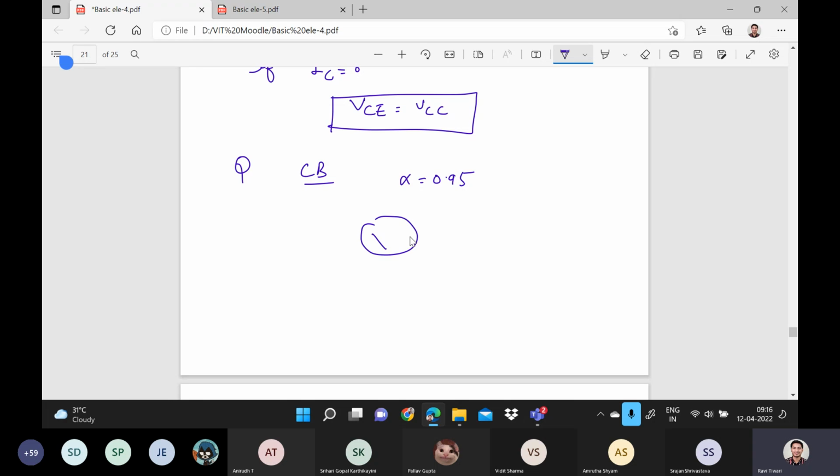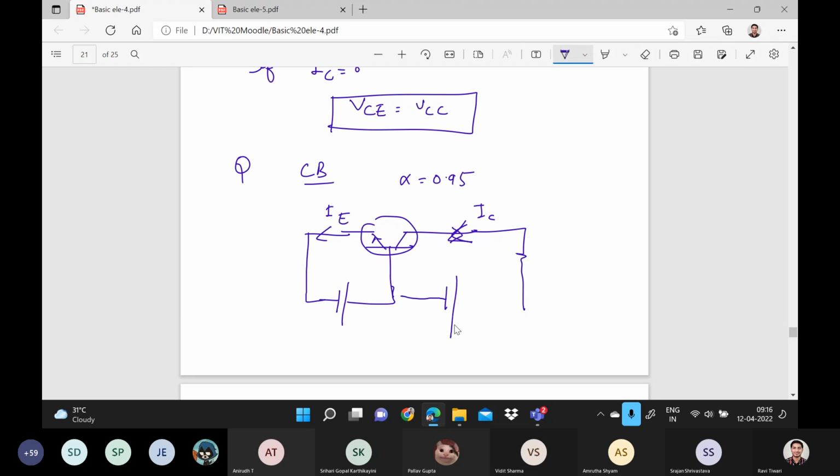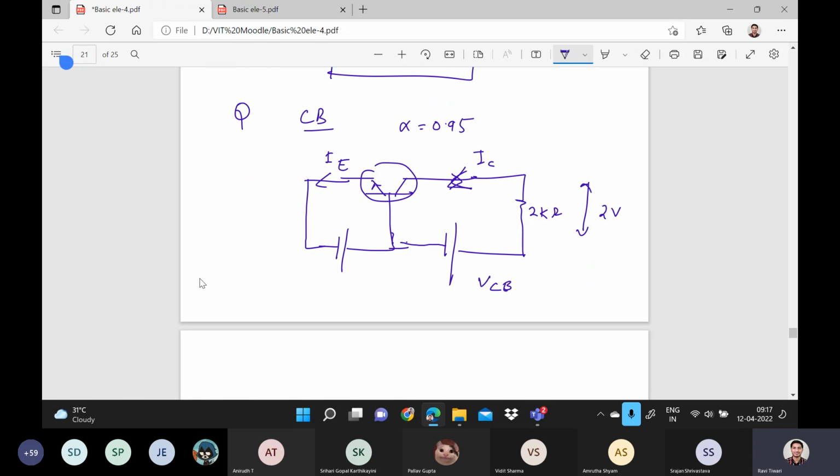So here we have a BJT, and this is IE, this is IC, and this is VCB, and I am drawing the common base. This is 2 kilo ohm, and the voltage drop across this 2 kilo ohm is 2 volt. Find out the base current. The question is to find the value of IB.